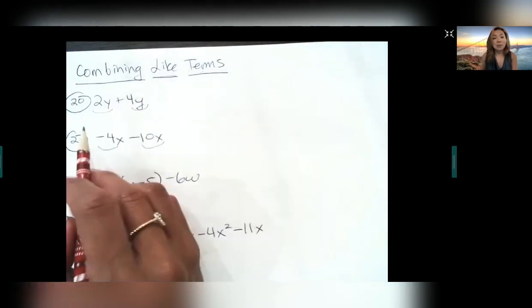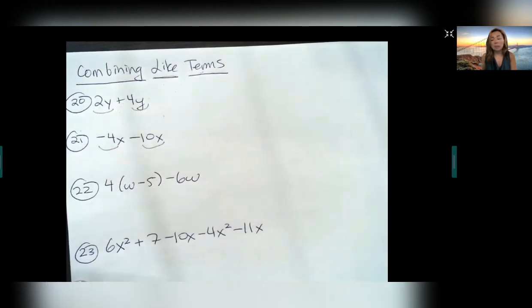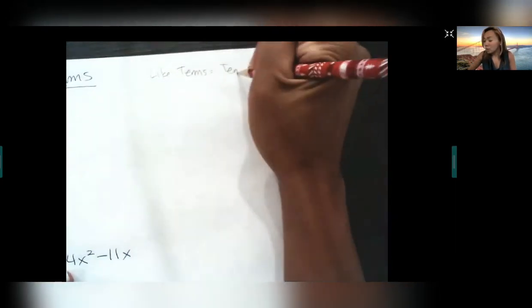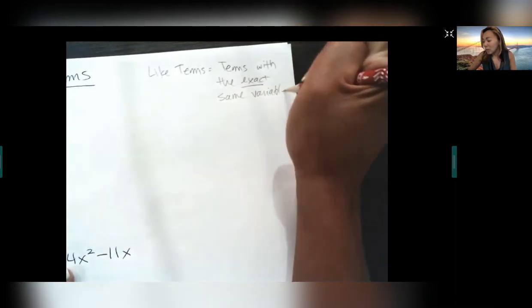So like terms are ones that have the same variables raised to the same exponent. So I'm going to write this. Like terms are terms with the exact same variables and exponents.